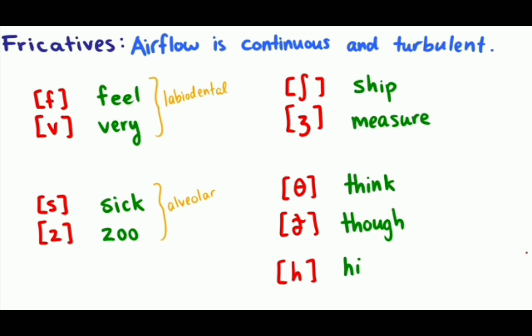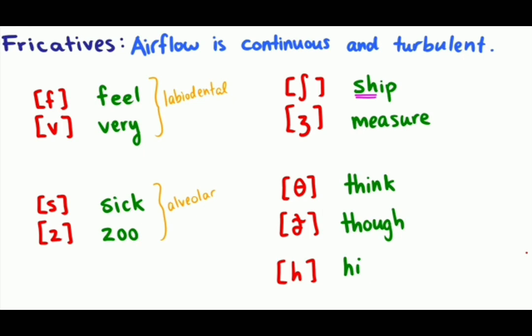Now we're going to go into some symbols that you might not have seen. The first one is sh, for the sound "sh" like in "ship." So this corresponds to the letters sh, as in "ship," and the other symbol will be a zh.